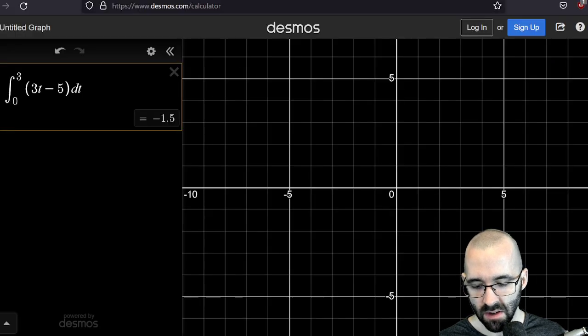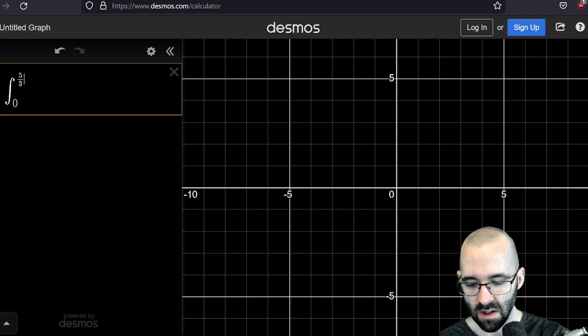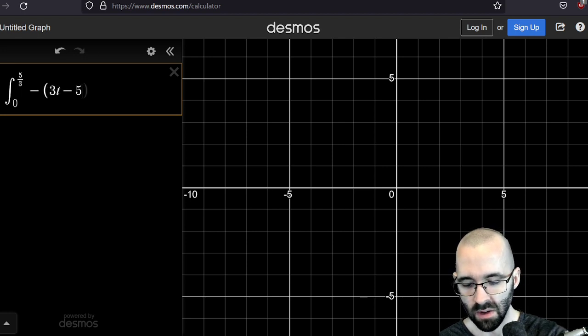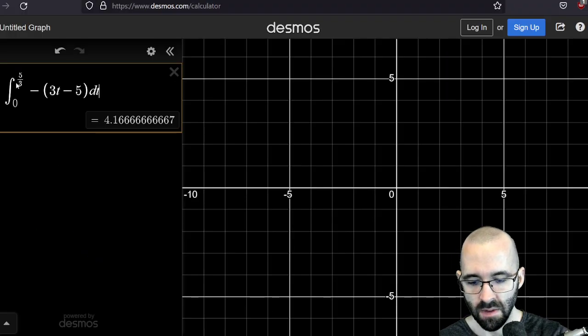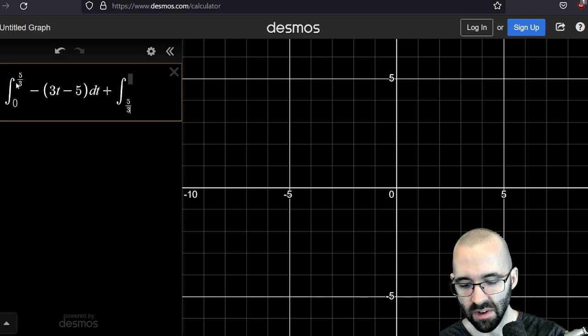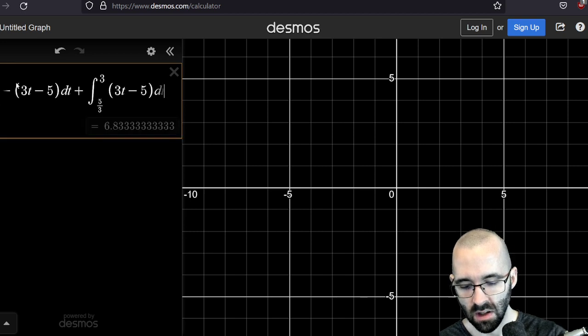I'm going to type this in. The integral from 0 to 5/3 of negative 3t minus 5 dt plus the integral from 5/3 to 3 of 3t minus 5 with respect to t.